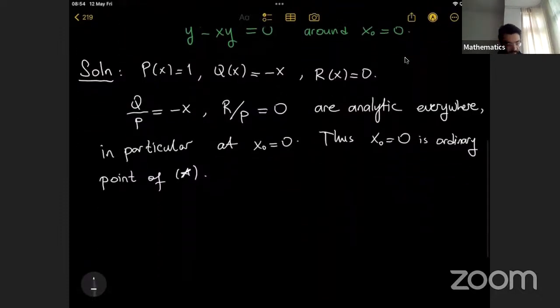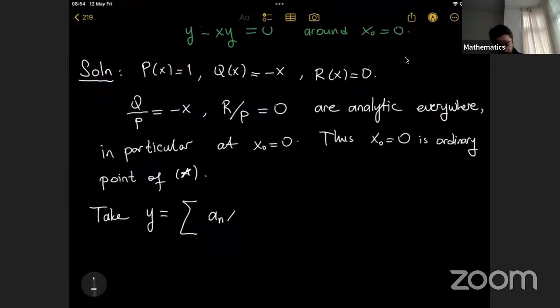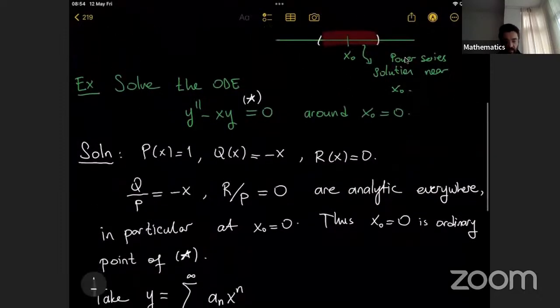Let's take a power series in the form of, so take y is equal to the sum of a_n x to the n, n from 0 to infinity. We will plug this in star here and find the coefficients, okay?